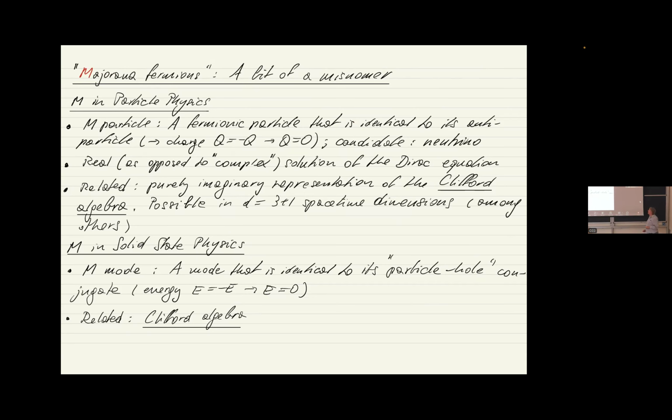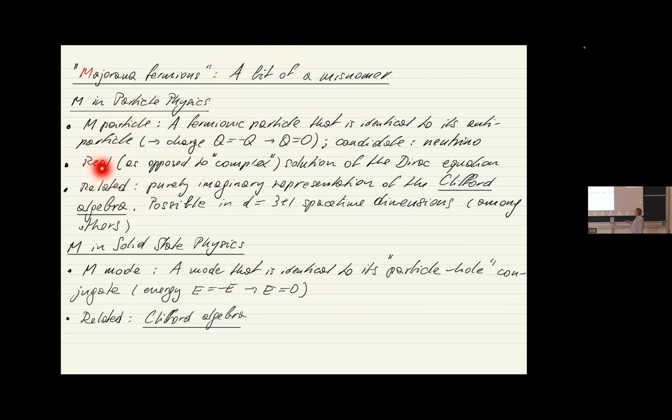So if the particle has charge Q, the antiparticle has charge -Q. And if they are identical, well, the charges are the same, which means it has no charge. And the candidate for that, who knows whether it's true or not, is the neutrino, and people in the Gran Sasso laboratory on the mountain there, I guess, are probably looking into it.